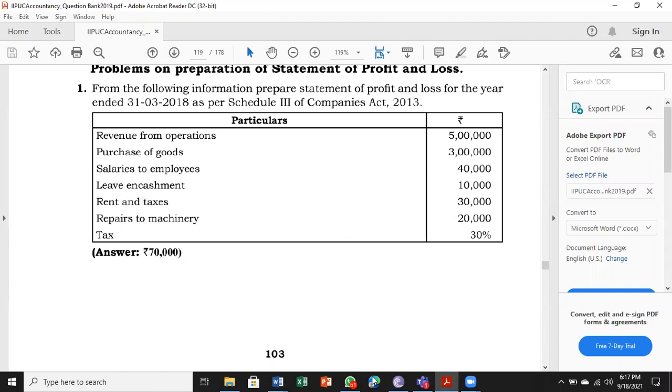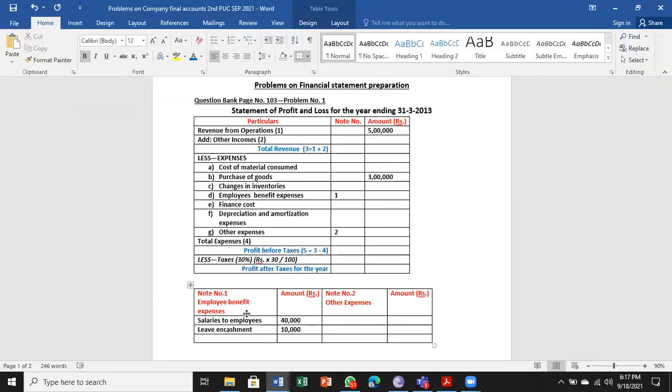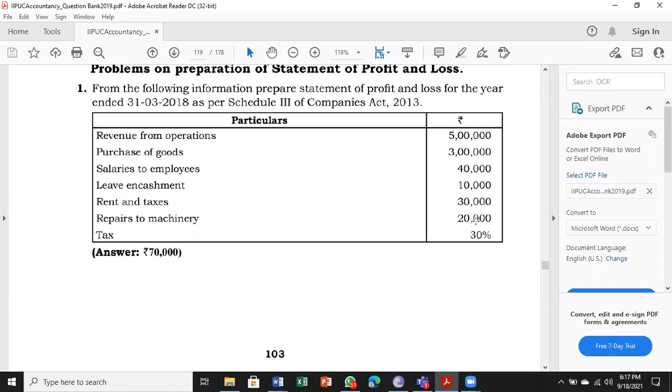So let us see rent and taxes. Do we have any heading? Check. Do we have any heading for rent? We don't have that heading at all. So rent will come under other expenses. Even the next one, repairs to machinery.